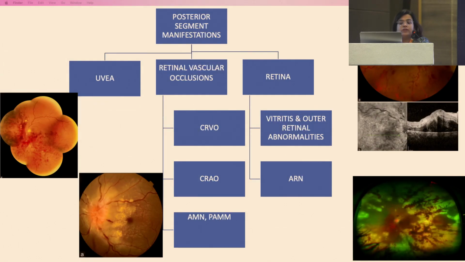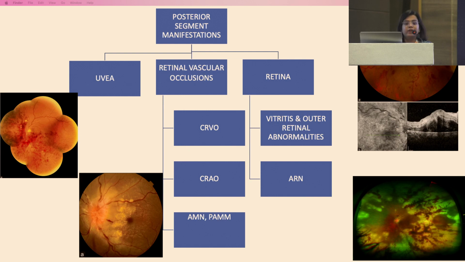Coming on to the posterior segment manifestations, my colleague has already stressed very nicely the various viral manifestations. I would just like to classify them. There have been very few case reports of conditions like serpiginous choroiditis. Then majorly the COVID-19 manifestations were retinal vascular occlusion because of the coagulant state that is produced, and there were a lot of cardiovascular diseases also.